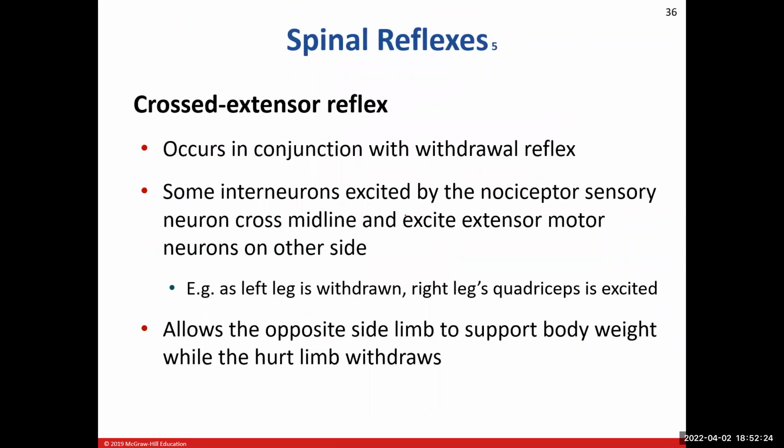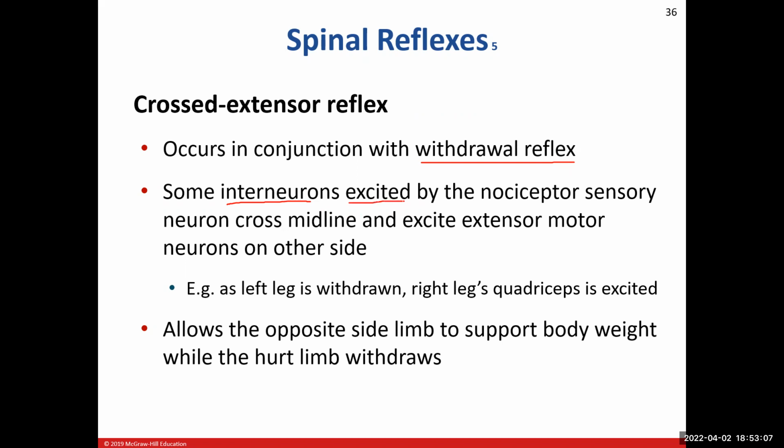Which brings us to our last spinal reflex that we're going to discuss today, and that is our crossed-extensor reflex. This is an example of a contralateral reflex. This reflex occurs with the withdrawal reflex, especially when you're dealing with the lower extremity, a weight-bearing structure. So same scenario, you step on something sharp. That sensory input gets transmitted to the spinal cord. The sensory neuron will synapse onto an interneuron, and this interneuron will be excited.